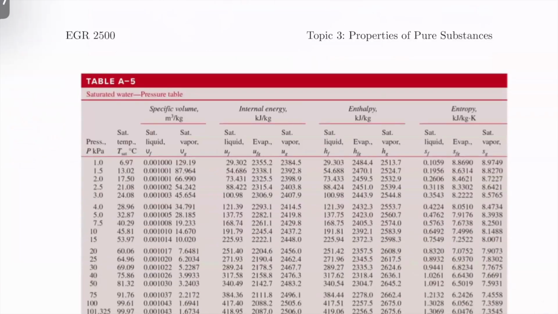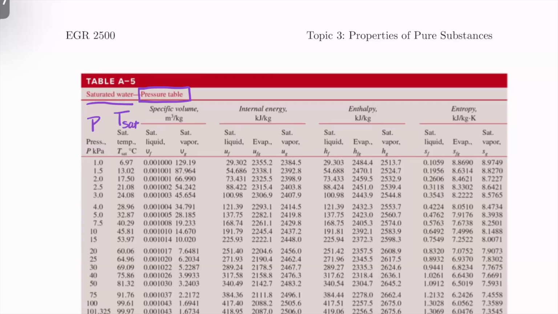We also have this information organized in a pressure table. So again, that is shown to us right here. So we know that the substance is still saturated water, and this is a pressure table. So essentially it's the same information, just organized a little bit differently. We have pressure listed in our first column here, followed by saturation temperature.